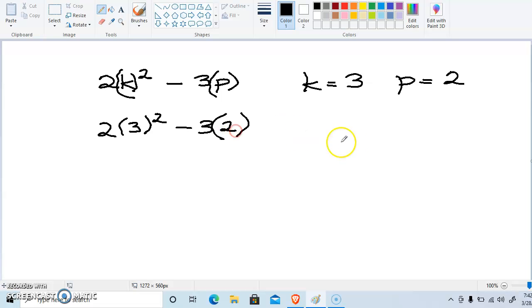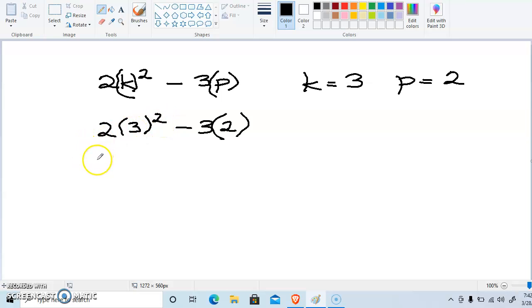So now we're going to follow order of operations. And the first thing order of operations tells us is we're going to do any parentheses. We have parentheses, but we don't have any work inside it. So we're going to move on to the next thing. And then we have exponents. So here we have 3 squared.